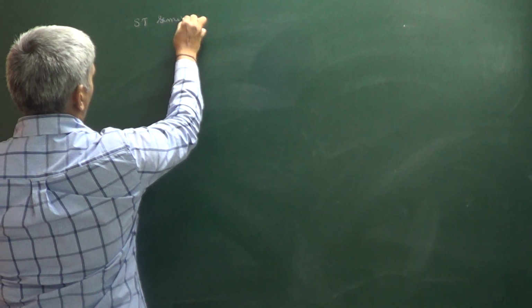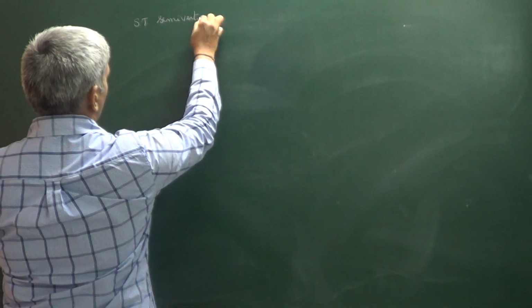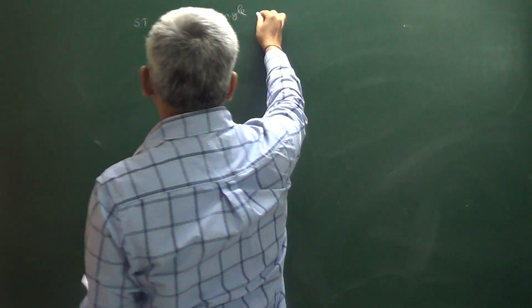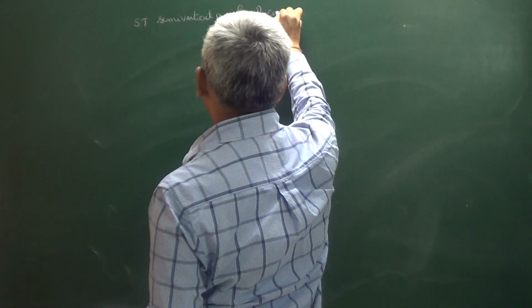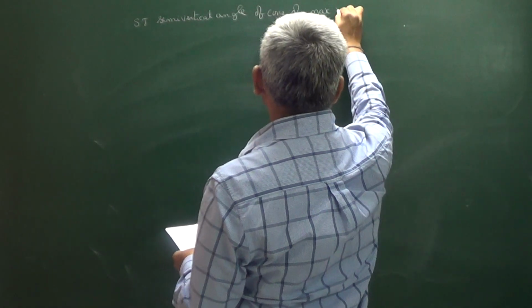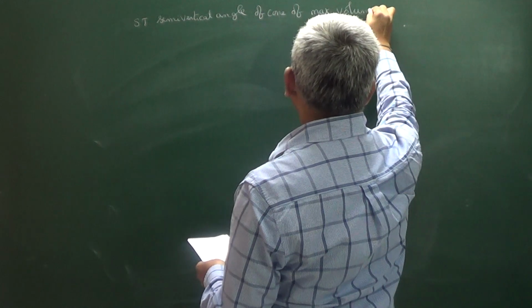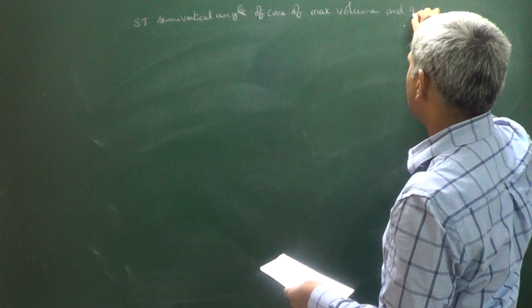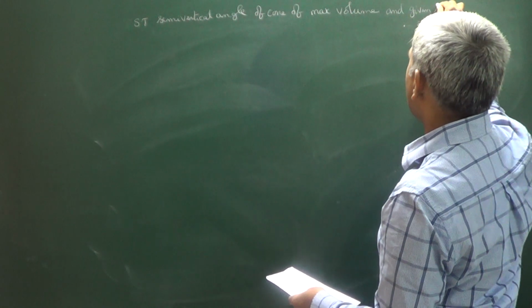the semi-vertical angle of a cone of maximum volume and of given slant height. I hope everyone knows what a semi-vertical angle is. So what is the meaning here?